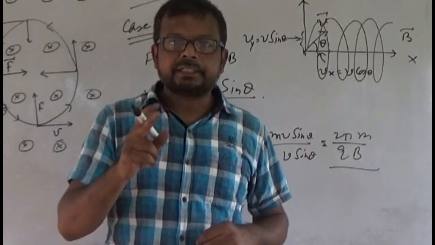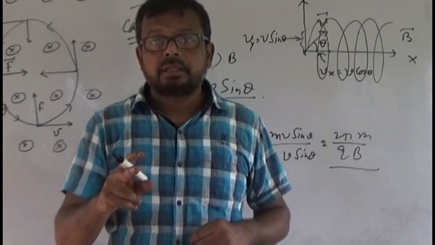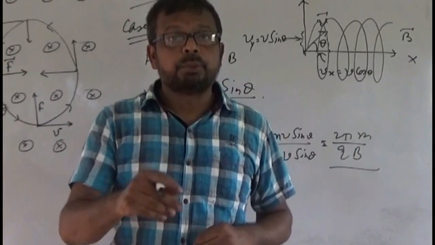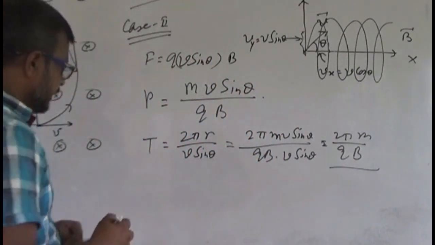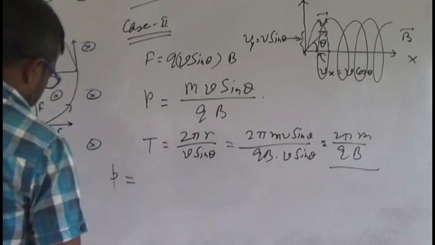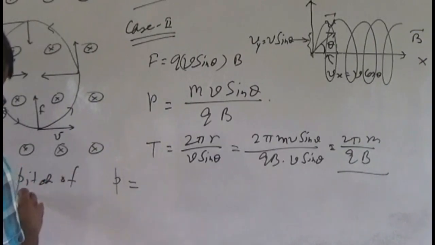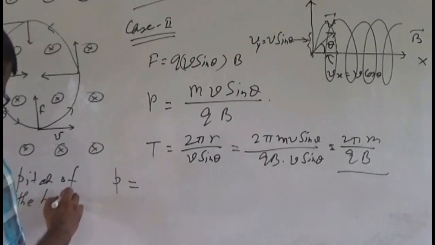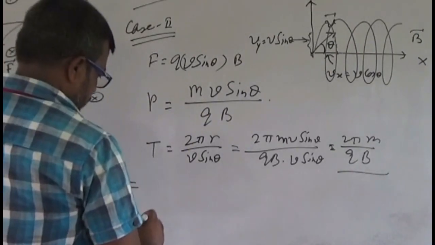The linear distance traveled by the charged particle in one rotation is called the pitch of the helix. Therefore the pitch of the helix, p, is equal to what?